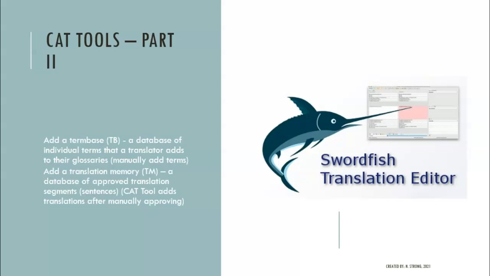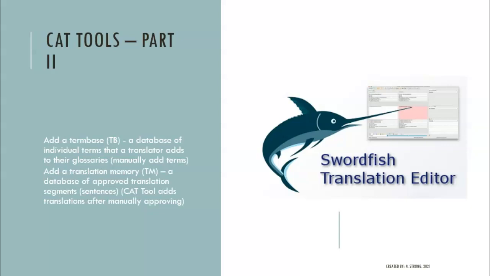So in this module, you're going to find your assignment and you're going to import it into here. But first, I want to go over some of the icons. So again, remember that a term base is a database of individual terms that a translator adds to their glossaries, and a translation memory is a database of approved translations, okay?